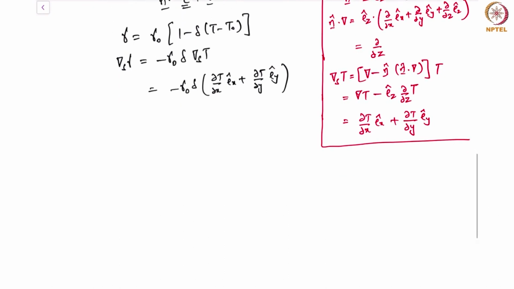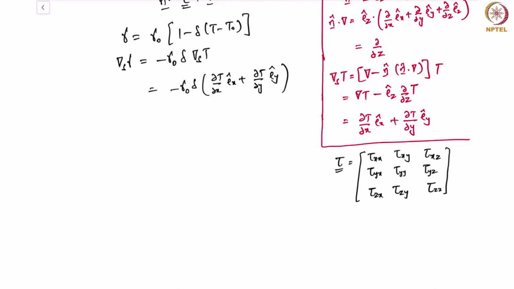Okay. So we should also remember that this tau that we have here is the tensor tau xx, tau xy, tau xz, tau yx, tau yy, tau yz, tau zx, tau zy, and tau zz.